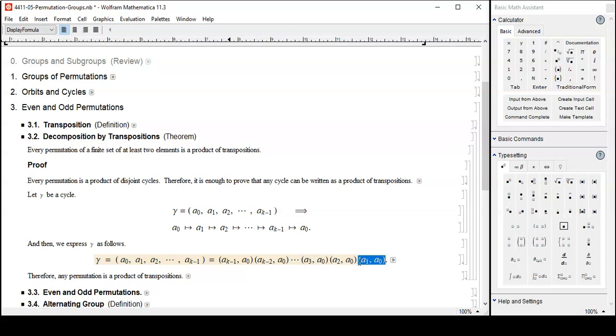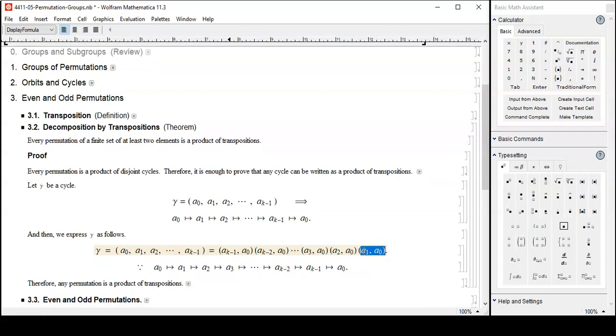First, A0 goes to A1, and then A1 does not appear here anymore, so A0 goes to A1. Now, how about A1? A1 goes to A0 now, and then A0 goes to A2, and then A2 does not appear here anymore, so A1 goes to A2. Make sense?